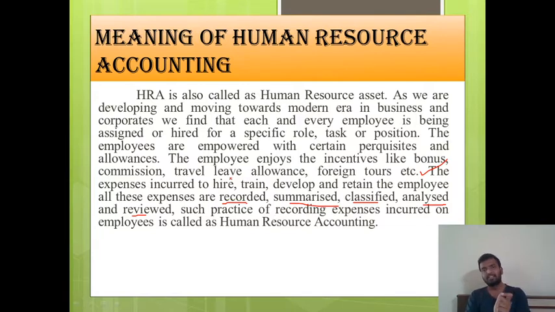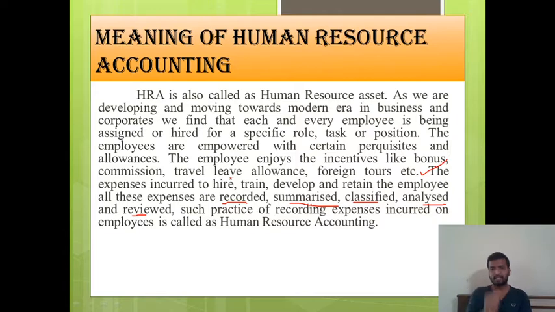The full form of CTC is cost to company, that is, how much the company or the corporation is going to spend on that human resource for the tenure for which he is hired, and what they will get from him in future. All these things are calculated in human resource accounting.